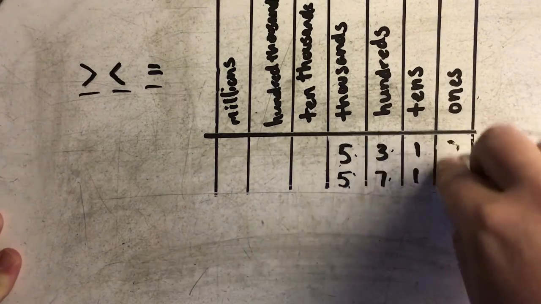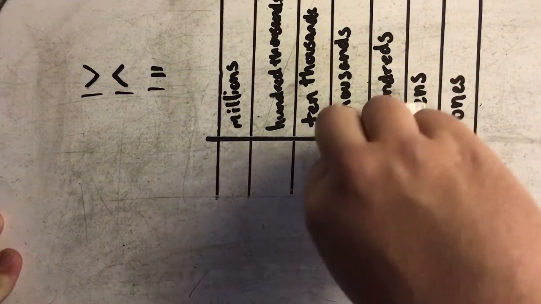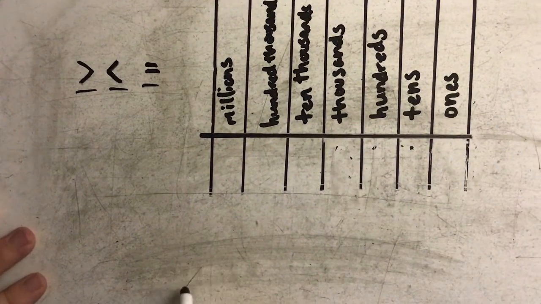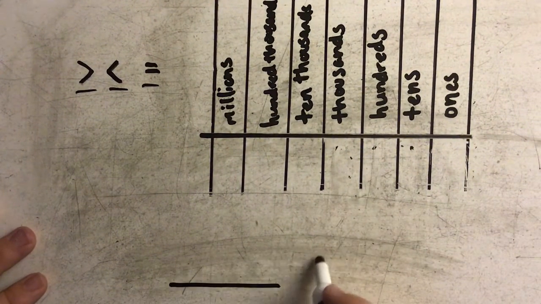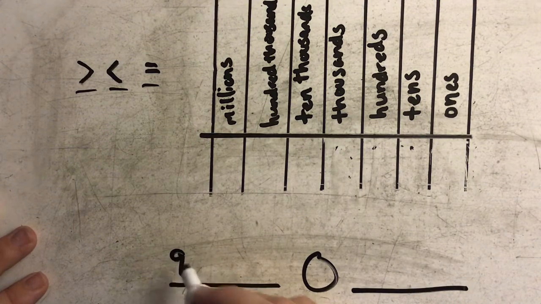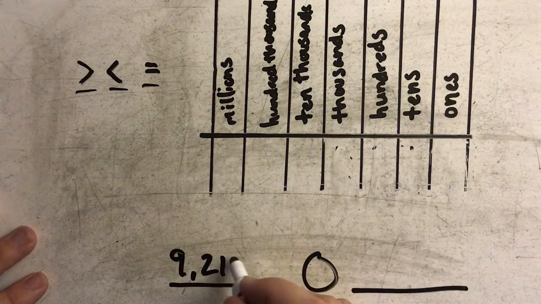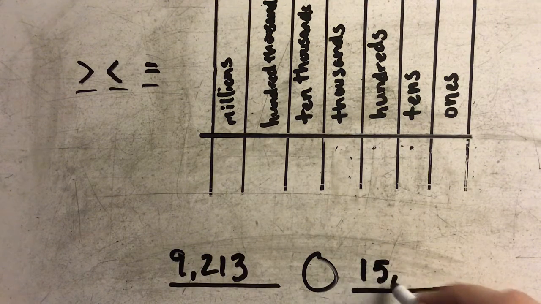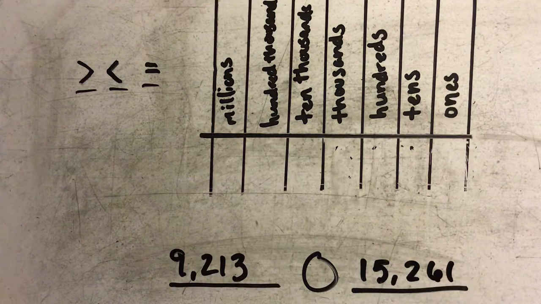Let's try another example. Okay, again, now I'm comparing these two numbers right here, 9,213 and 15,261.